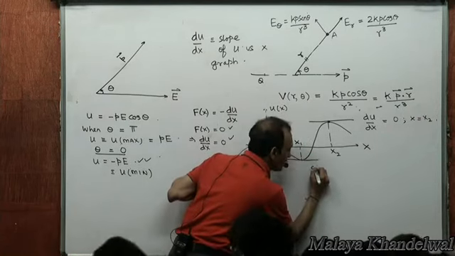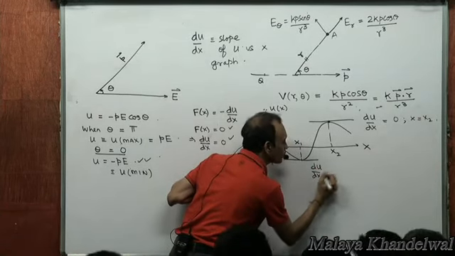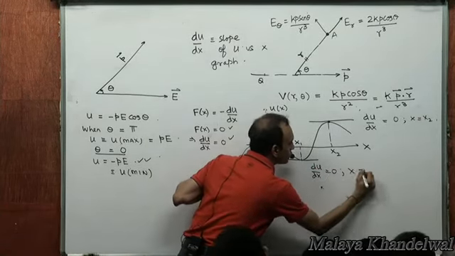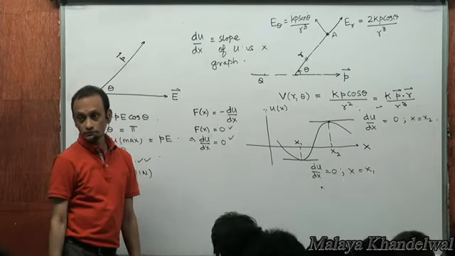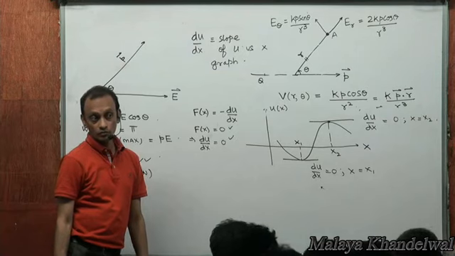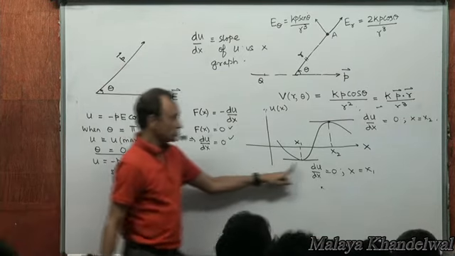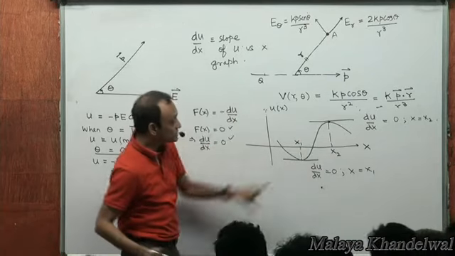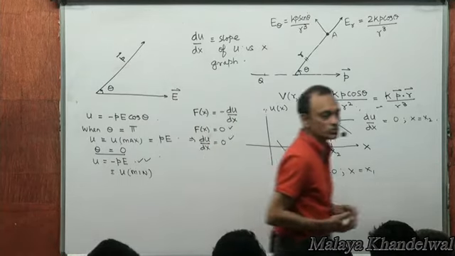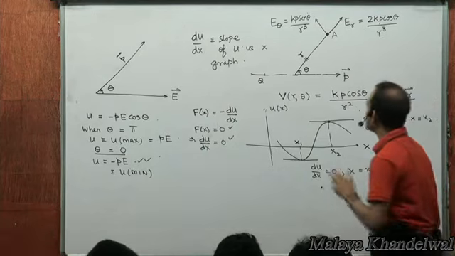Du dx is 0 at x equal to x1. Do you realize that the slope of the tangent represents du dx? It's 0 at x equal to x1 and 0 at x equal to x2.